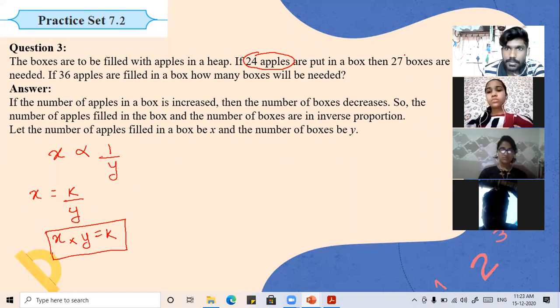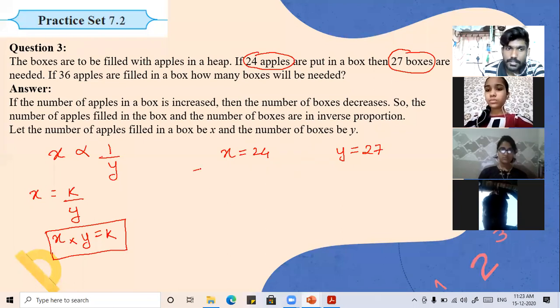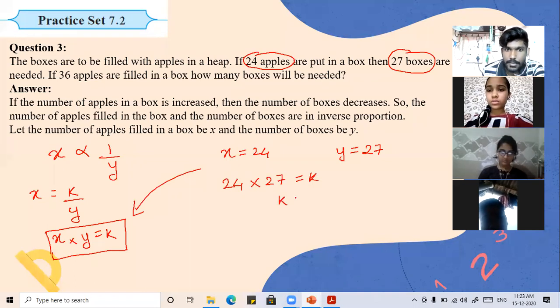For that we'll use the values given here. 24 apples in one box, so we require 27 boxes. So if X is 24, the number of boxes is 27. Substitute these two values in this equation and find the value of K. So 24 multiplied by 27 is equal to K. How much is 24 multiplied by 27? 648.